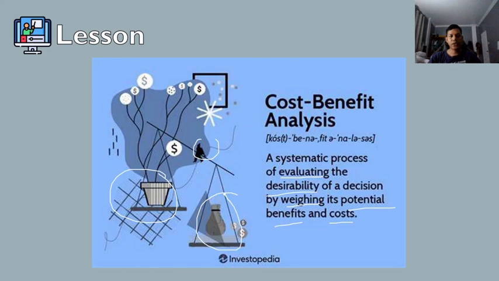You can easily observe that the wise person or the businessman will not easily make a decision without any baseline. That is why they will use the cost benefit analysis so that they will have a greater possibility that they will choose the best one.